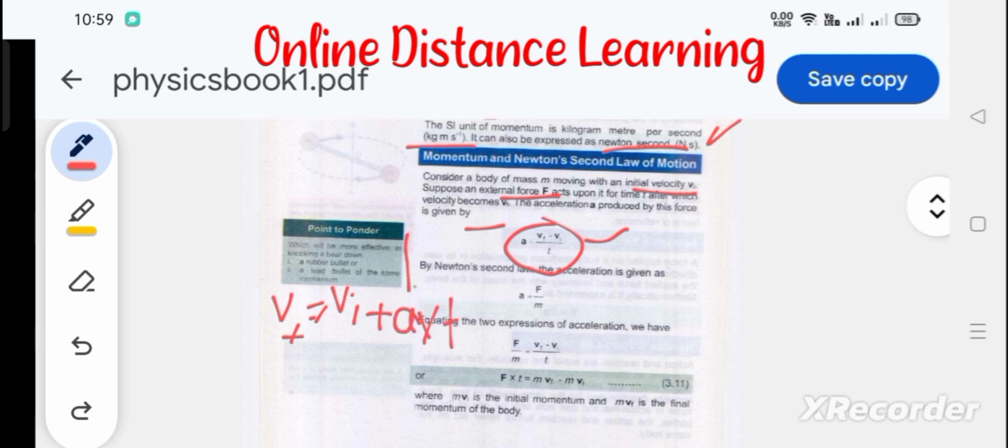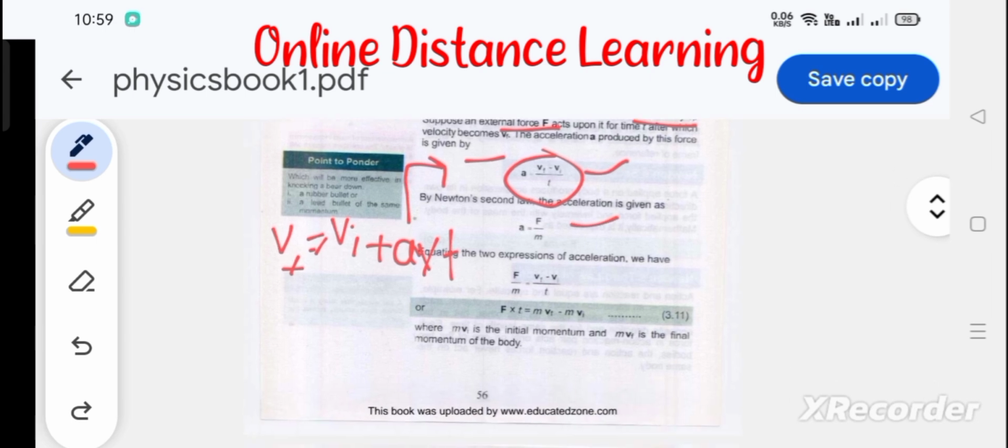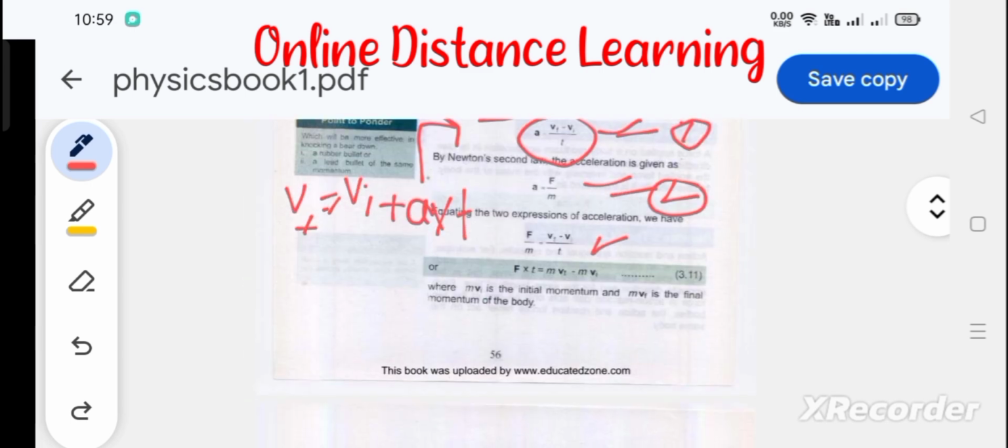So from this relation, separating the value of A, A is equal to Vf minus Vi over t, and from Newton's second law of motion, F is equal to ma, so A is equal to F over m. Equating equation number 1 and equation number 2, we get F over m is equal to Vf minus Vi over t.